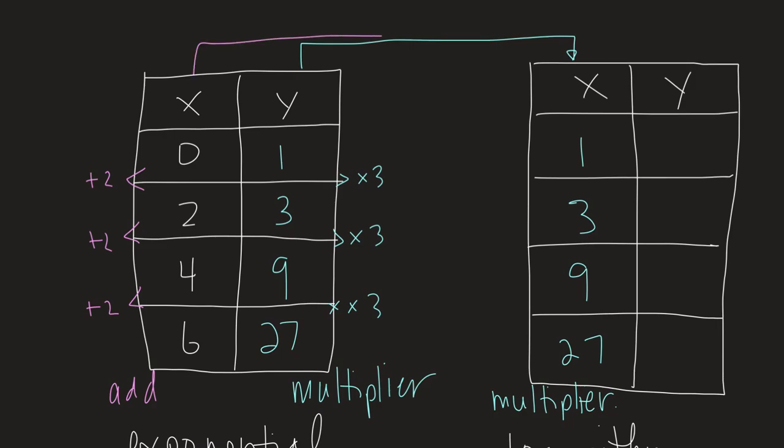And the y values have an addition factor. So that's how you can tell if a table of values exhibits exponential growth or logarithmic growth based upon which one is being multiplied. For exponentials, the y's have multipliers. For logarithmics, the x's have multipliers.